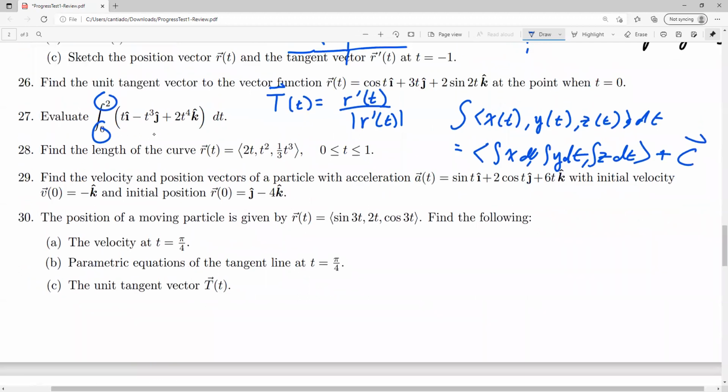The length of a curve is just a formula. L is equal to, what is it? It's the integral from a to b of the magnitude of r prime of t dt. That looks to be what the formula is. Is that my understanding?